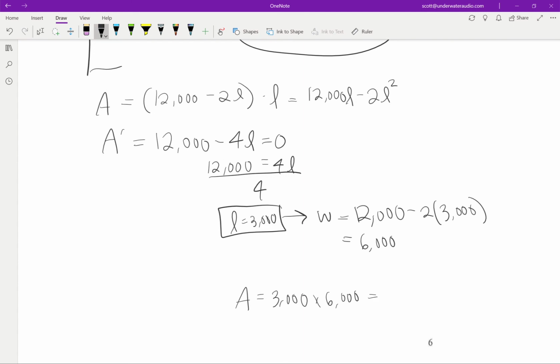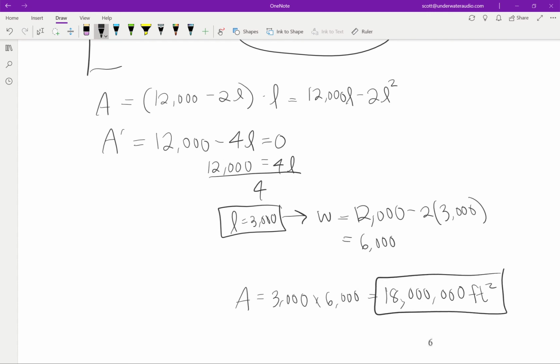I am pretty garbage at mental math, but I think that's 18 something. Let's get this right. So 3,000 times 6,000. Yep, 18 and then 6 zeros. And that's feet squared.